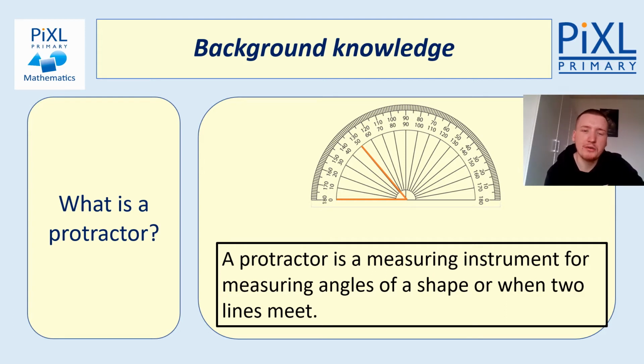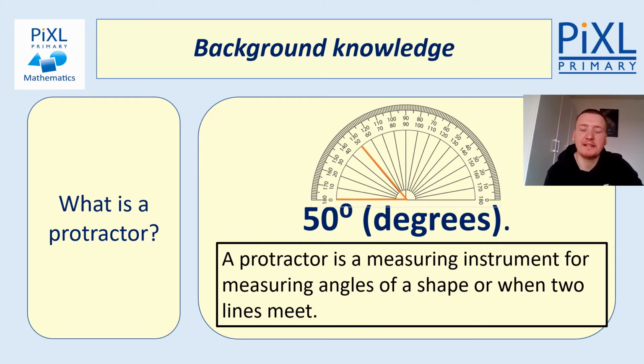But what units are we measuring in here? Can anyone tell me? Call the answer out. The units we measure when we're looking at angles is degrees. So our answer for this angle would be 50 degrees. Now look at the little circle, it looks like a 0 above the 50. That's how we would write our degrees sign, our degrees unit.